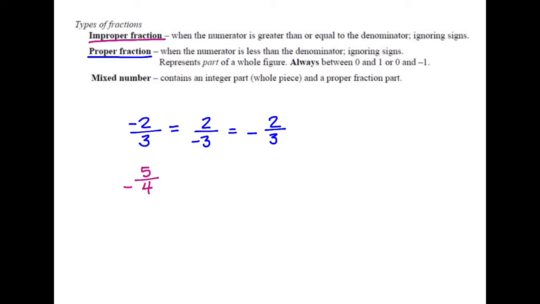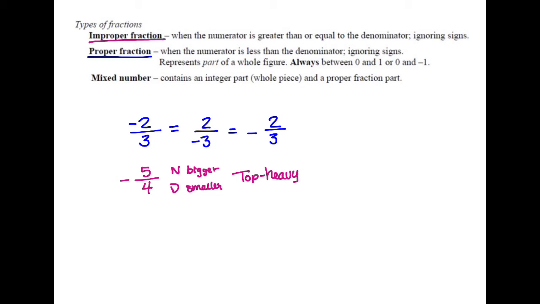It's still improper. If I had the negative out in the front, it's still improper. So the top numerator is bigger and the denominator is smaller. It's top heavy basically. Top heavy ones are not proper, they're improper.